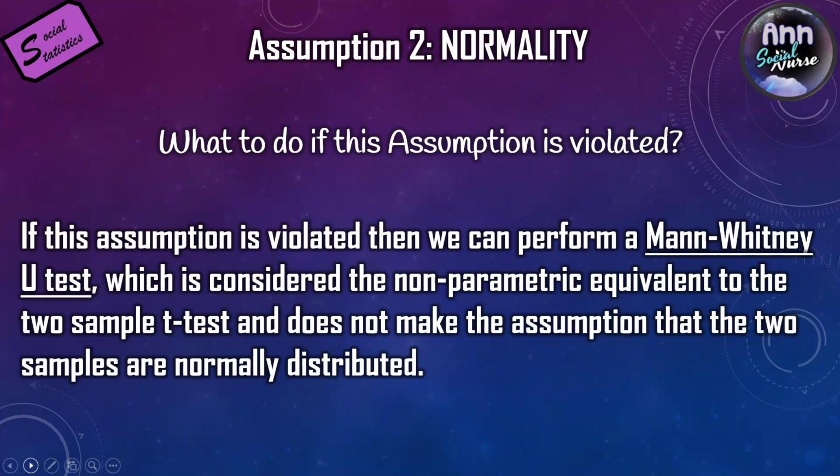You can still use the two-sample t-test, but you can also perform a Mann-Whitney test, which is considered the non-parametric equivalent to the two-sample t-test, and does not make the assumption that the two samples are normally distributed.